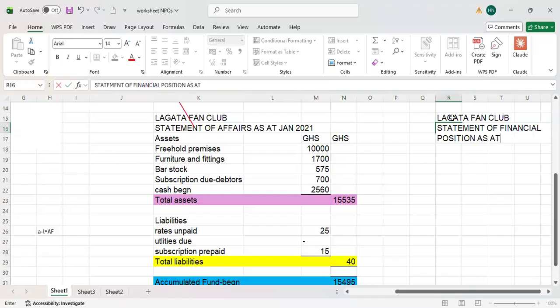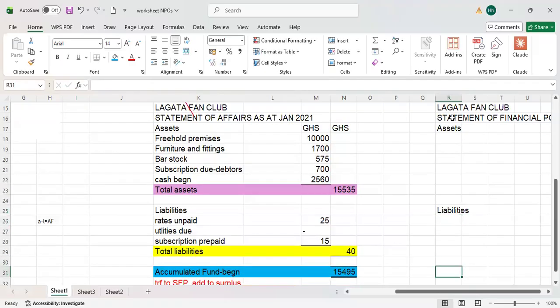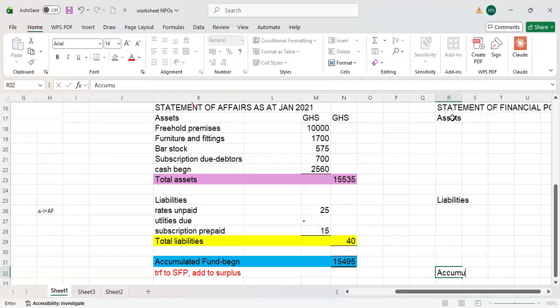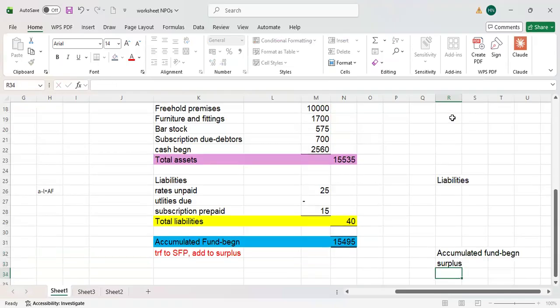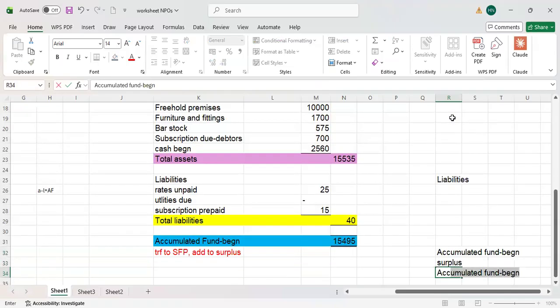That's at December. It's the end of the year, right? So I have my assets, which I'll list. So there will be all the 31st December, okay? And then I have my accumulated fund. Accumulated fund at the beginning. I add my surplus. Then I get my accumulated fund at the end.